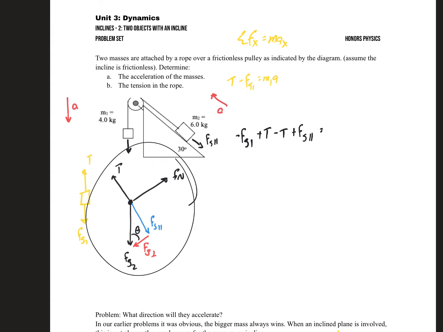That will be the total mass times the acceleration of the total system. We can see here the tensions cancel.